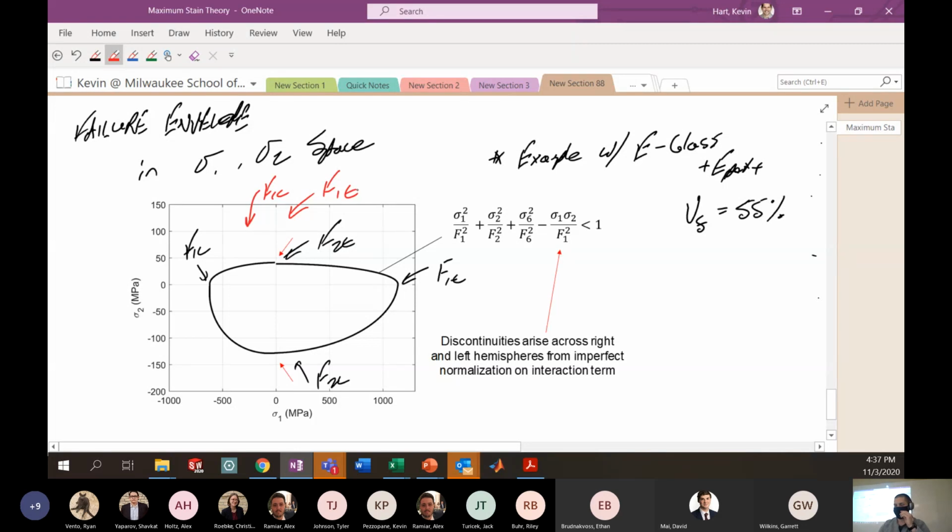That's separated by this y-axis. So you see some discontinuities of this equation as you jump from the left-hand side to the right-hand side. Similarly, as you jump from the top to the bottom, above here you're using F2T. Below here, you're using F2C in your equation. So you see these strange jump discontinuities, which make this equation look a little strange at these axis jumps.